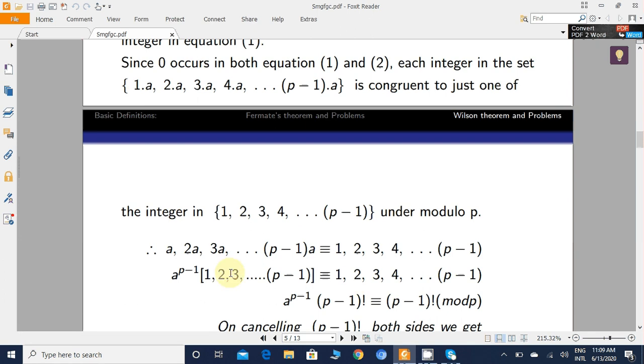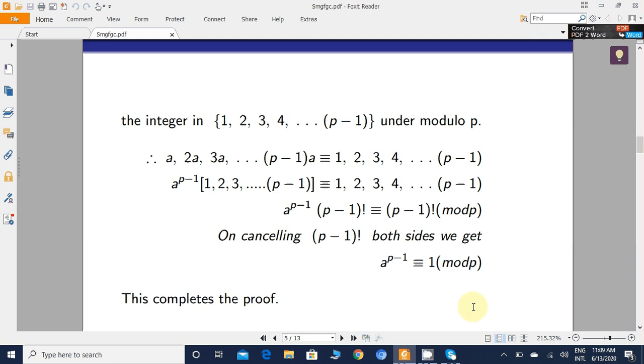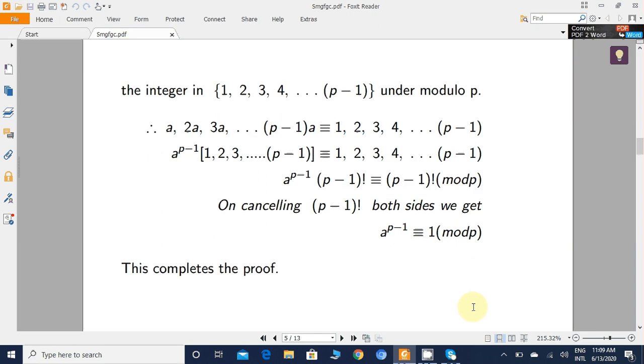Now 1, 2, 3, etc., P minus 1 is nothing but P minus 1 factorial. This is congruent again to P minus 1 factorial under modulo P. On cancelling P minus 1 factorial on both sides, we get the required equation A power P minus 1 congruent to 1 mod P. This completes the proof of the theorem.